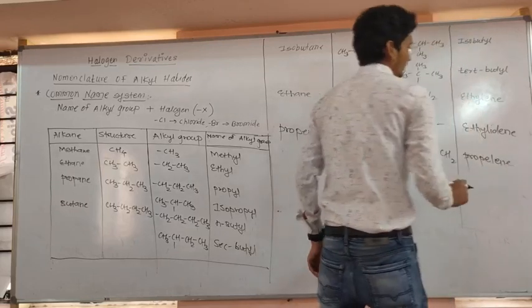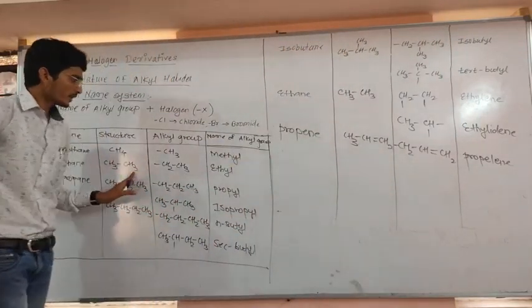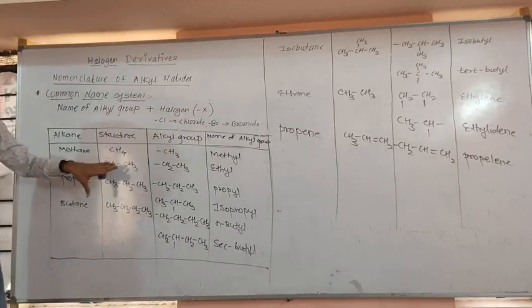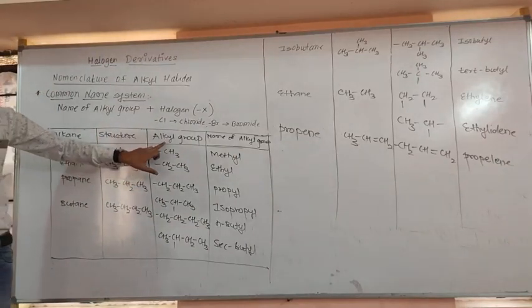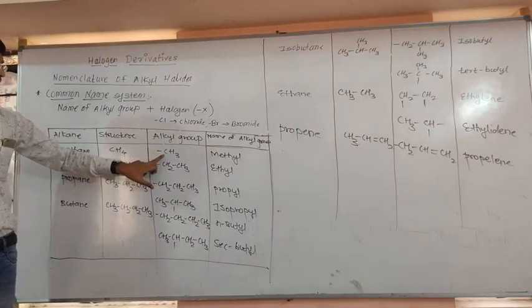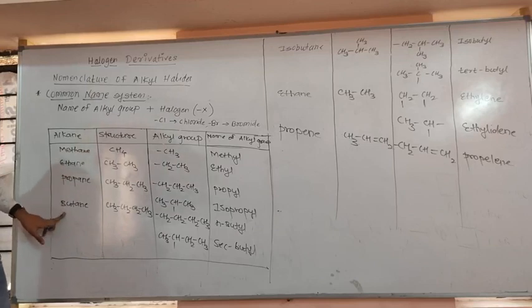In this way, we write the common names of some alkyl groups, which come from alkanes, that is, hydrocarbons. So these are the common name system.